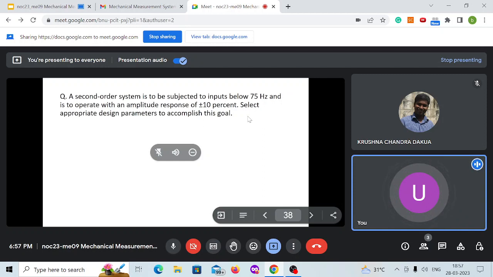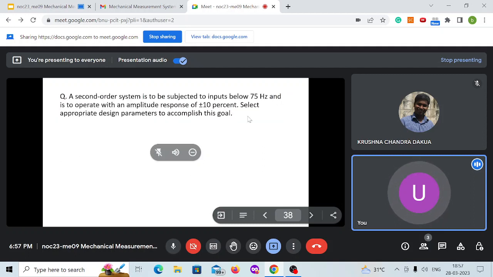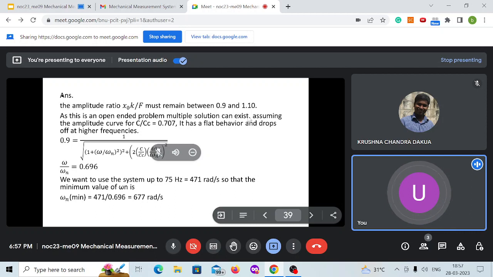This being a second order system, we need to find out the damping ratio. We know omega, and we need to find out omega n. As this is an open-ended problem, because it can be anything, because we don't know the damping ratio, we go with assuming an amplitude of 0.7.